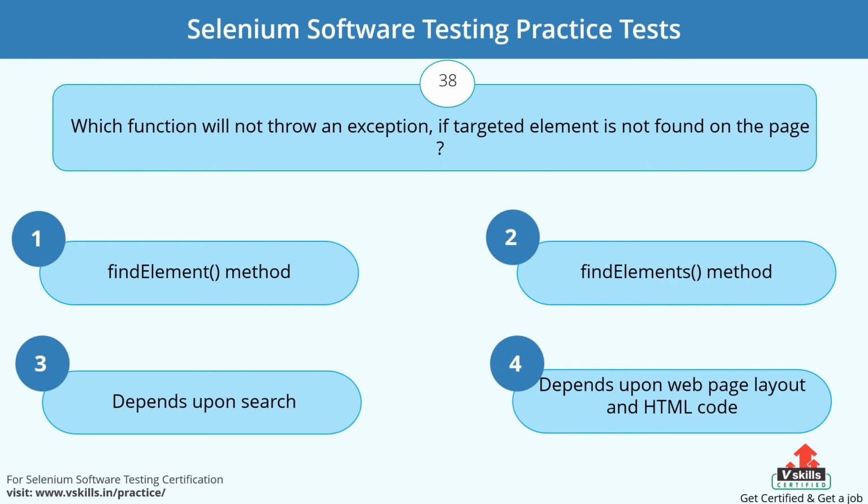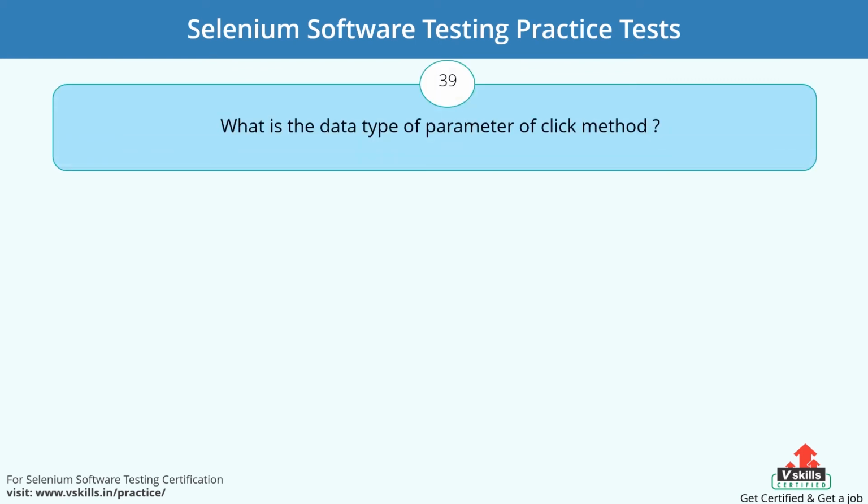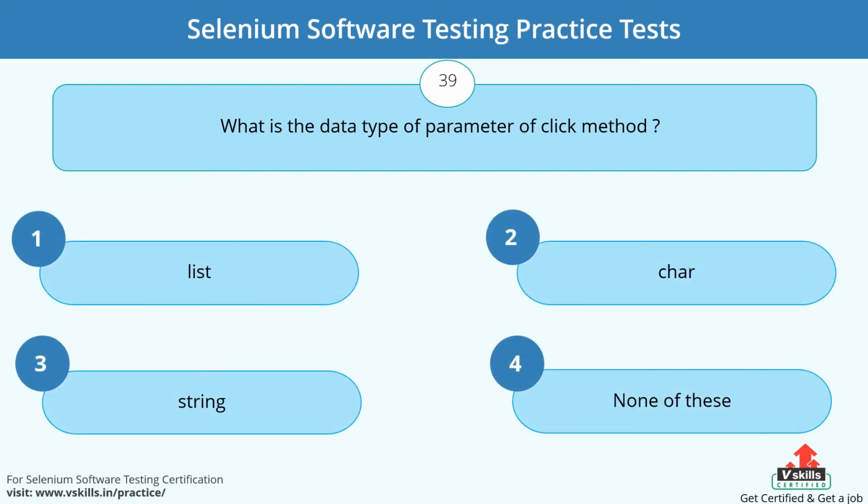The correct answer is option B. Question number 39, what is the data type of parameter of click method? The options are A. List, B. Char, C. String, D. None of these. The correct answer is option D.